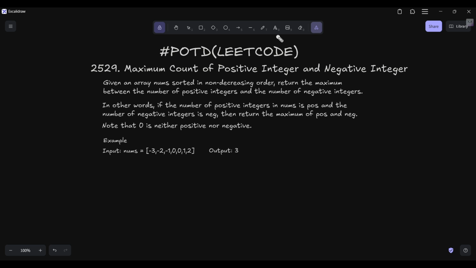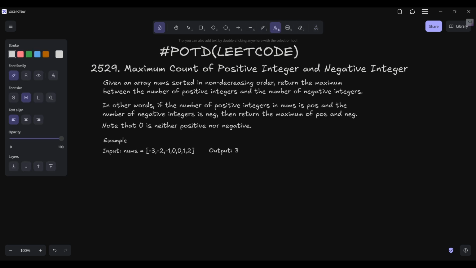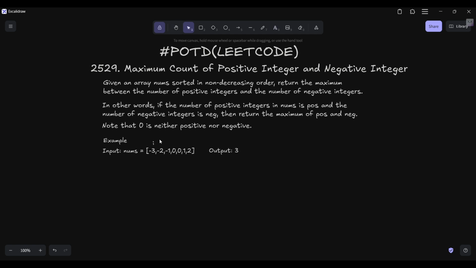So you would have got the brute force also. What we can do in brute force is simply iterate through the array with a pointer i, and take two counters that will count positives and negatives.